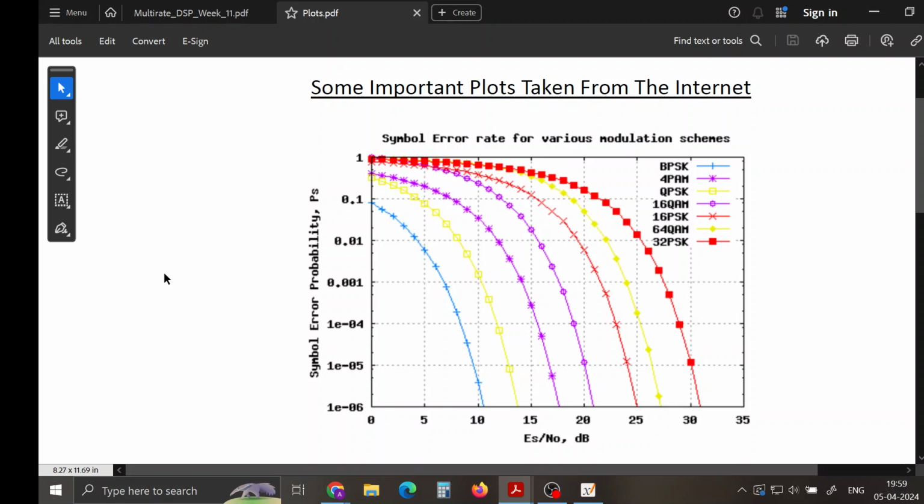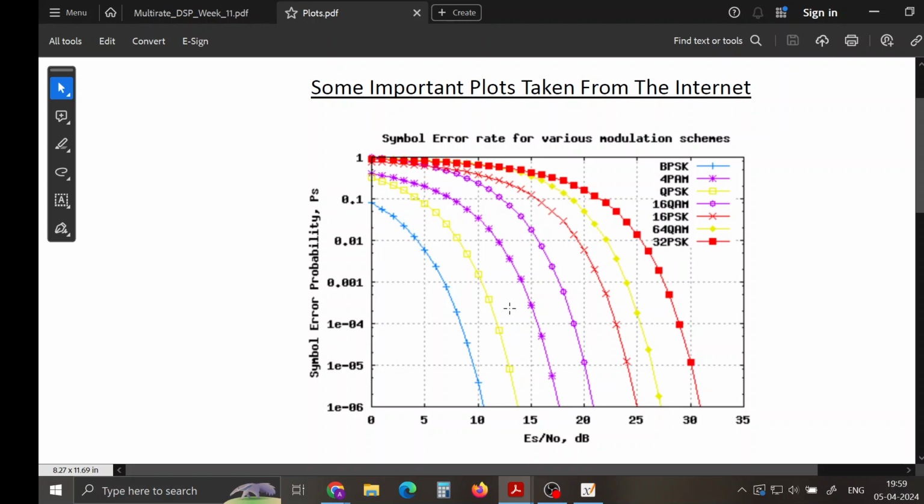And you see that as you go from left to right, the leftmost, indicated in sky blue, is the one for BPSK, and that has the best performance relative to the other schemes, because for a particular value of SNR it has the lowest symbol error probability. Similarly, going to the right, you see this yellow plot which corresponds to QPSK.